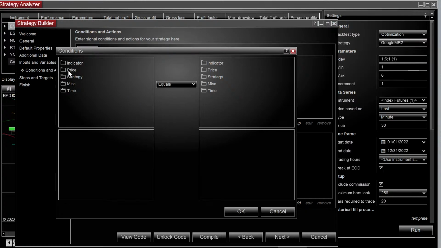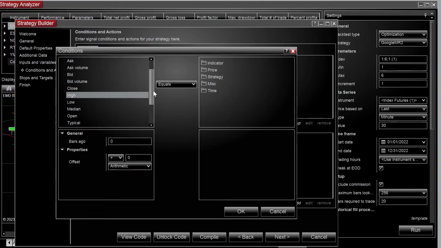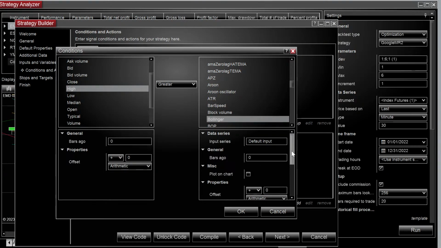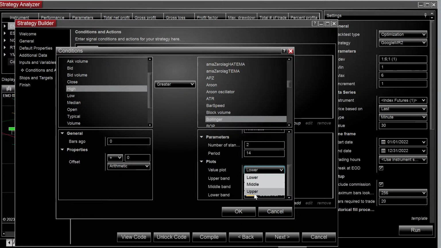Let's just say price high is greater, then the upper.